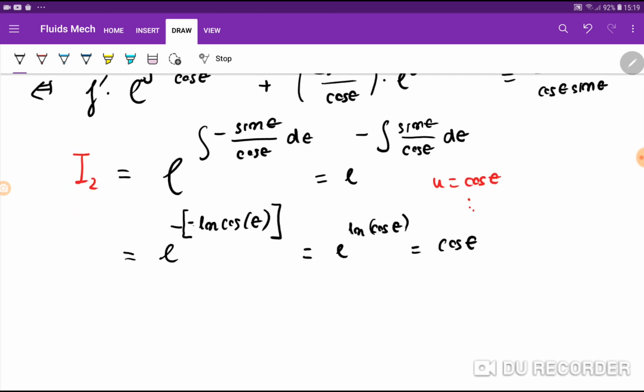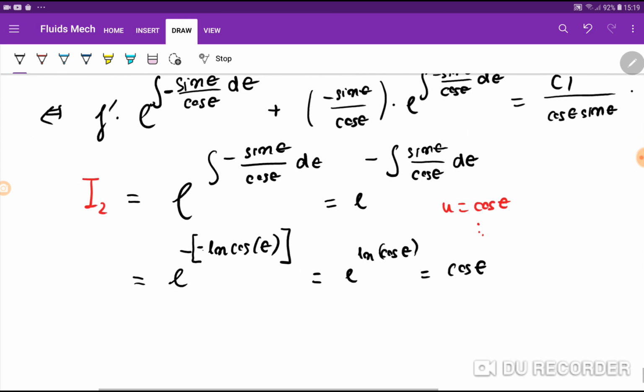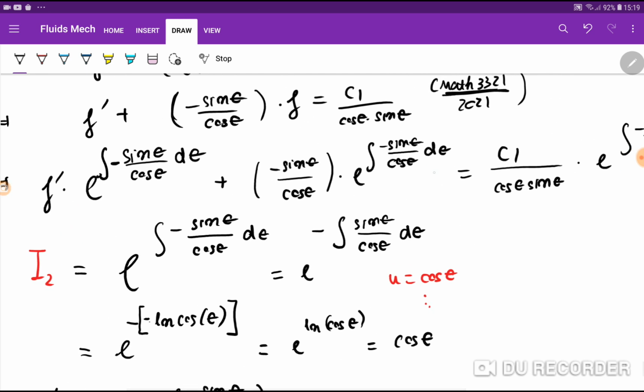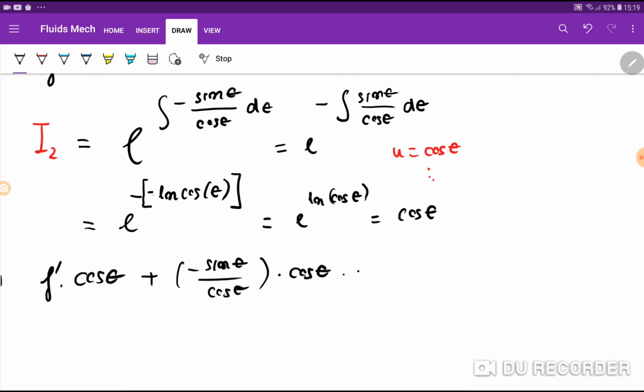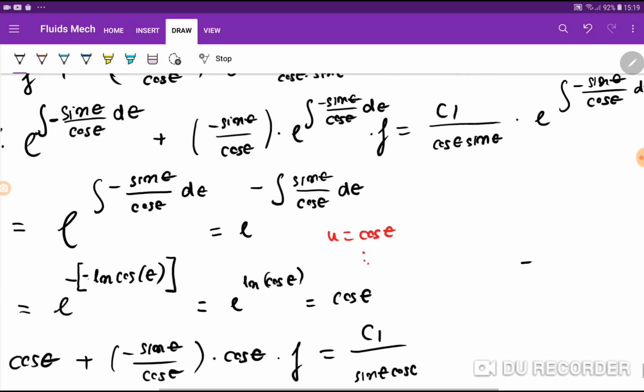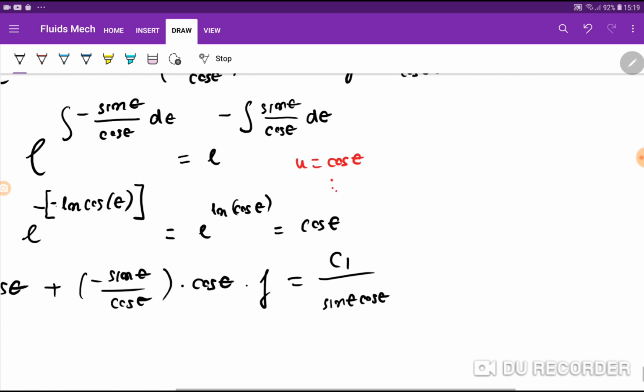What's the next thing we're going to do? Now I'm going to plug it in. So f prime times cos theta plus negative sine theta times cos theta times, oh, I forgot f here, I always forget f, times f equals C1 over sine theta cos theta times cos theta.